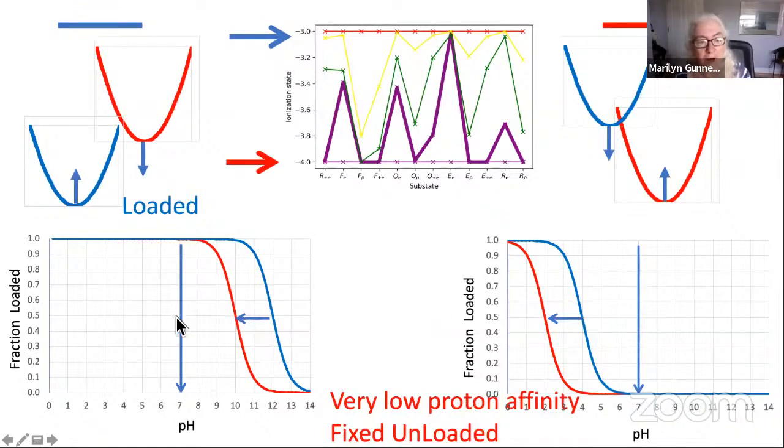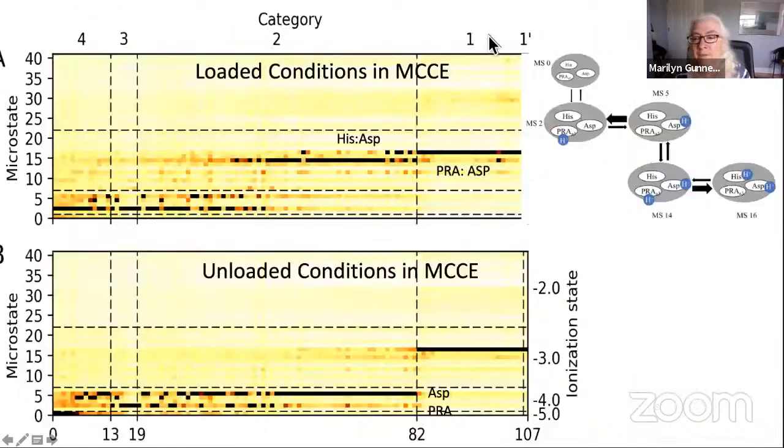And so by moving from a state where you have very low affinity with one particular tautomer to another state where the affinity is moderate, to another state where the affinity, again, is very high, you can basically go from a trapped unloaded to a dynamic loaded-unloaded state to a fixed unloaded state.